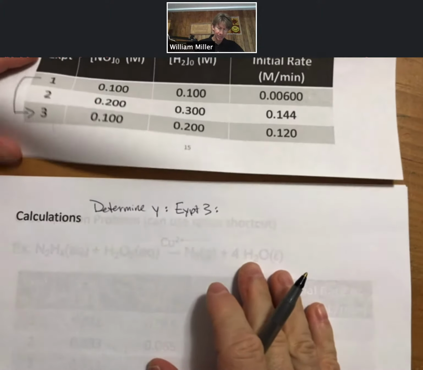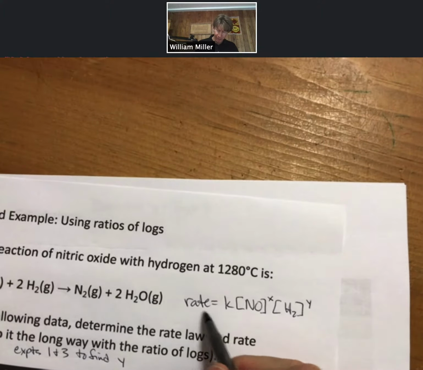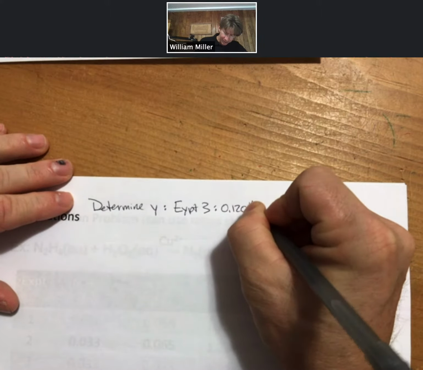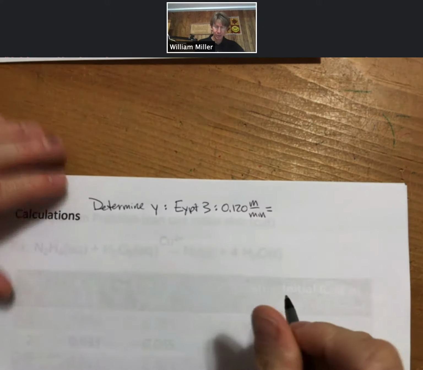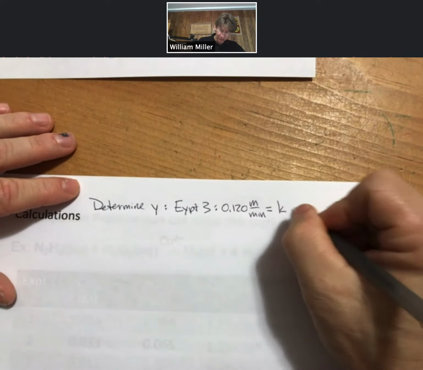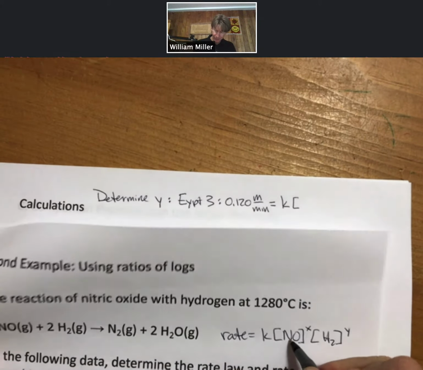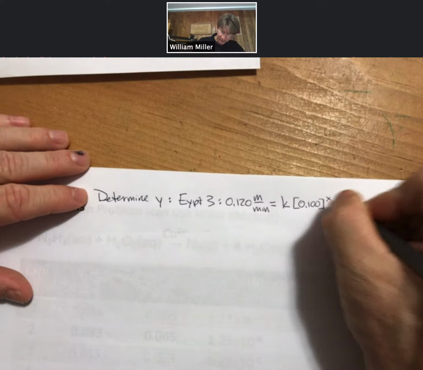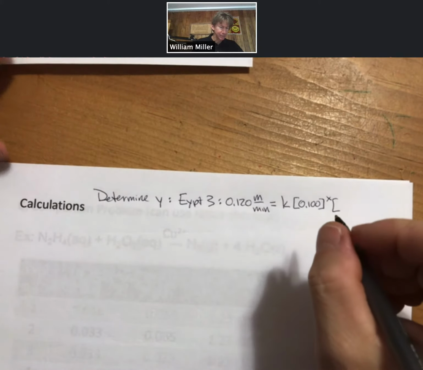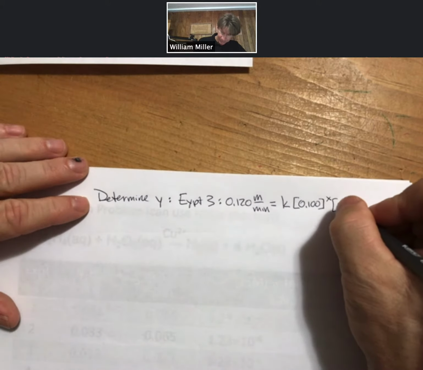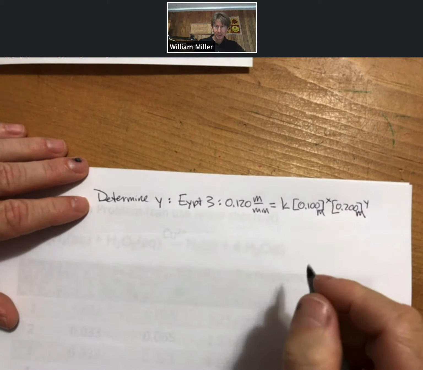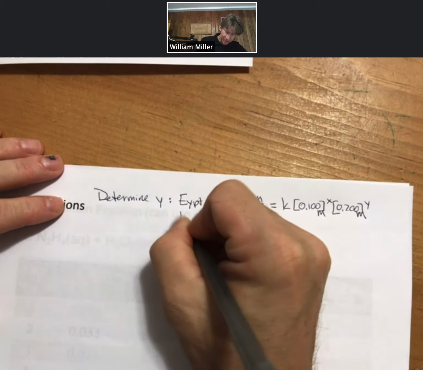For experiment 3, using our formula here, rate, which is 0.120 molarity per minute, equals K, which we don't know, times concentration of NO, which is 0.1, to the X, concentration of hydrogen, 0.200, to the Y, and those are both molarities. That's experiment 3. Now right under it, I'm going to put experiment 1.